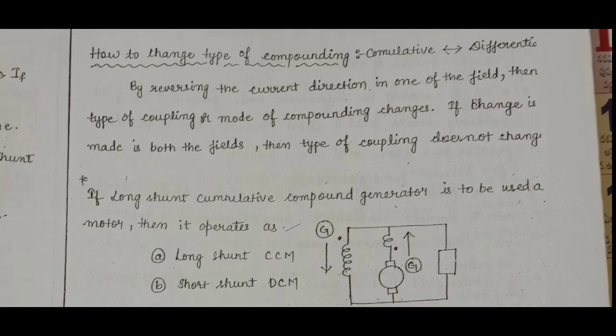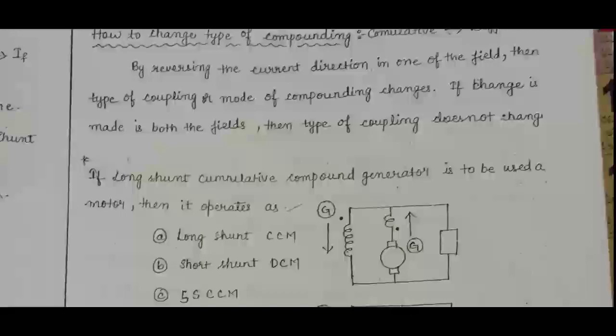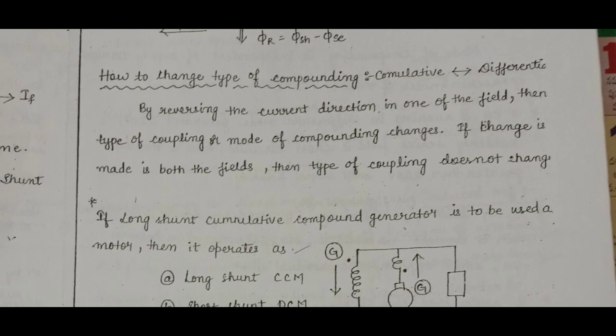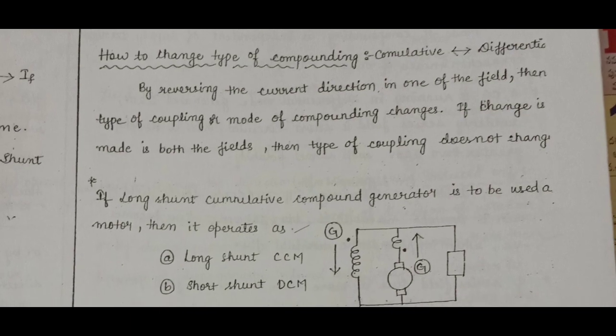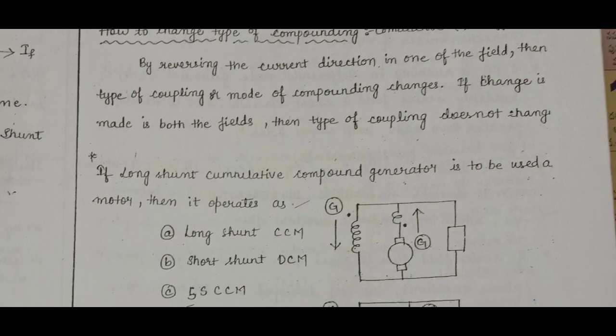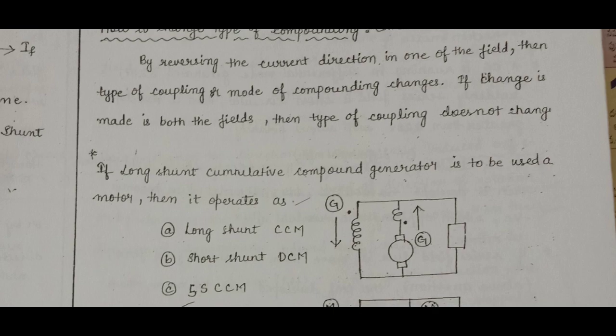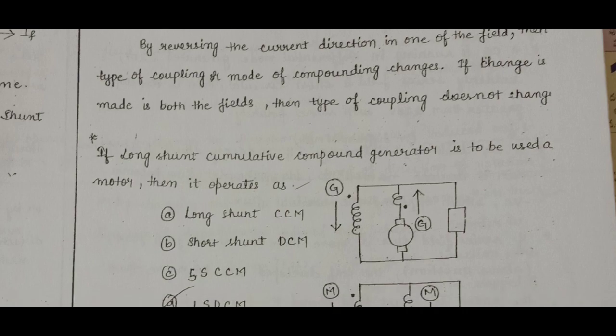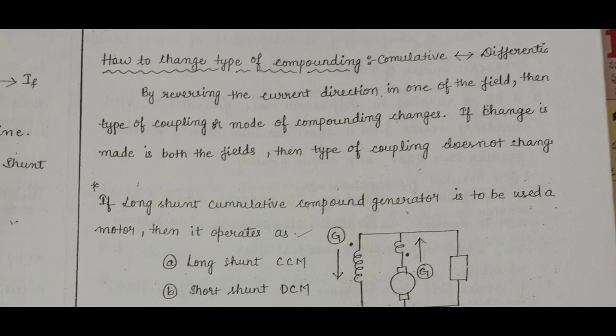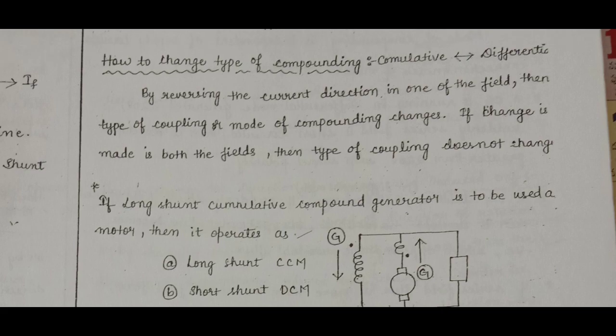By reversing the current direction in one of the fields, the type of coupling or mode of compounding changes. If the change is made in both the fields, then the type of coupling doesn't change. So at least one of the field windings must change its direction of current, and then only the compounding will change between cumulative and differential.